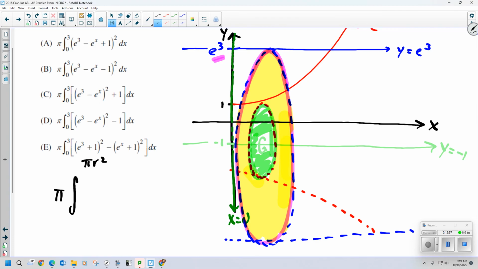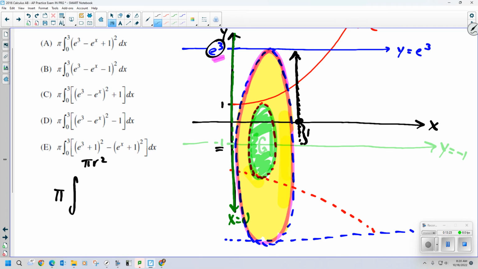My radius, and here's the kick. If I was going from the x-axis all the way up to here, my radius would just be this. Okay, but I'm not. I'm going from the -1, so I've got to add an additional 1. To get from here to here, I need to add another space of 1.